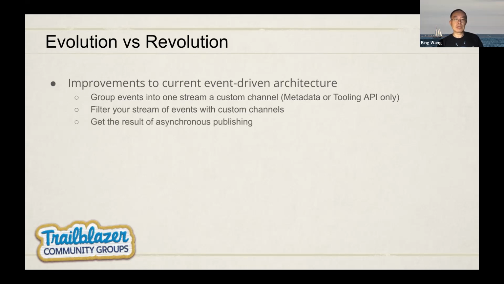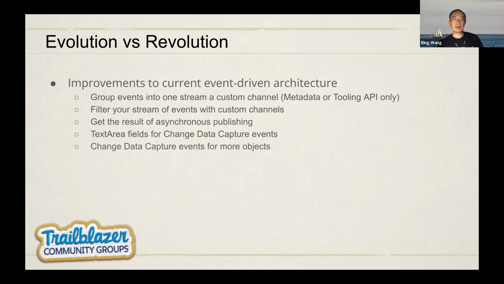You also have the ability now to get the actual result for asynchronous publishing, in addition to just knowing the queuing. This is something Tony already said, additional field type support in those CDC events, and then additional objects for change data capture.